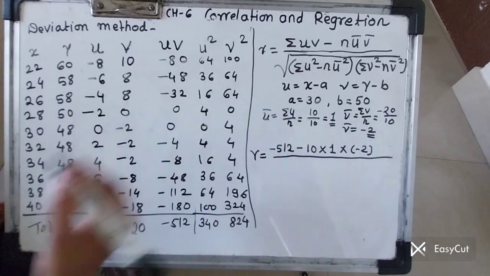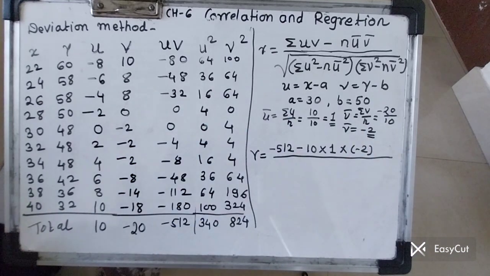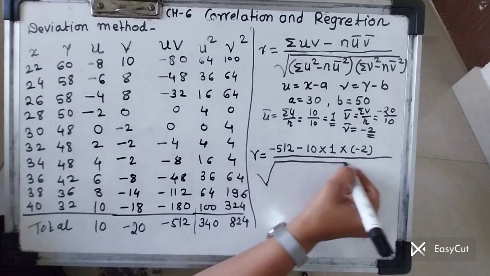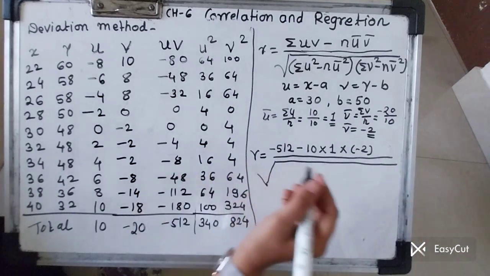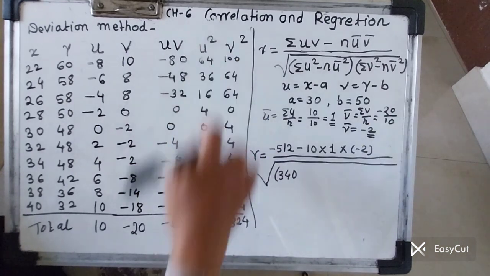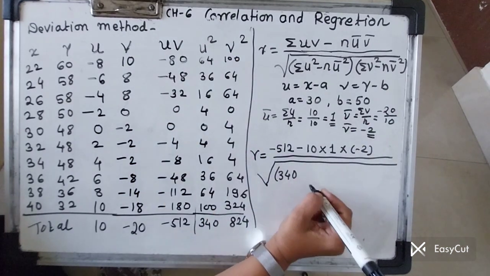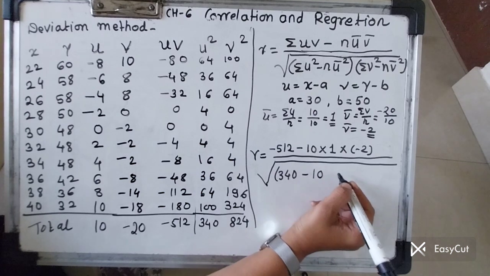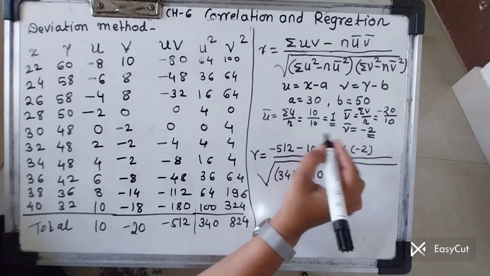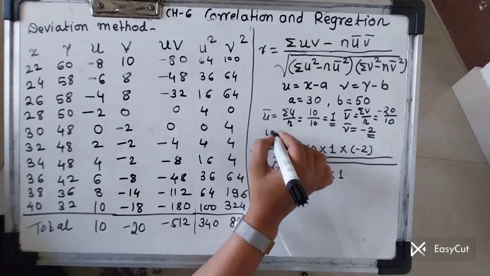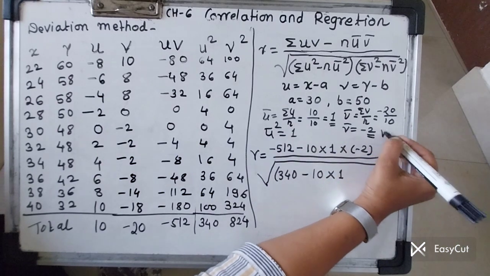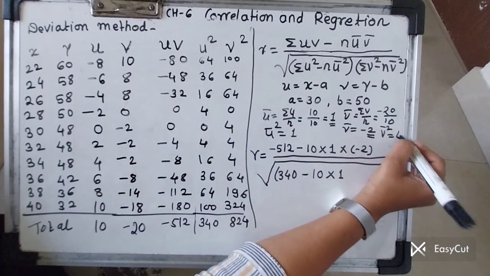Whole divided by under root 340, summation u square is 340, minus 10 into 1. U bar square is 1. Here v bar square. V bar square is 4.